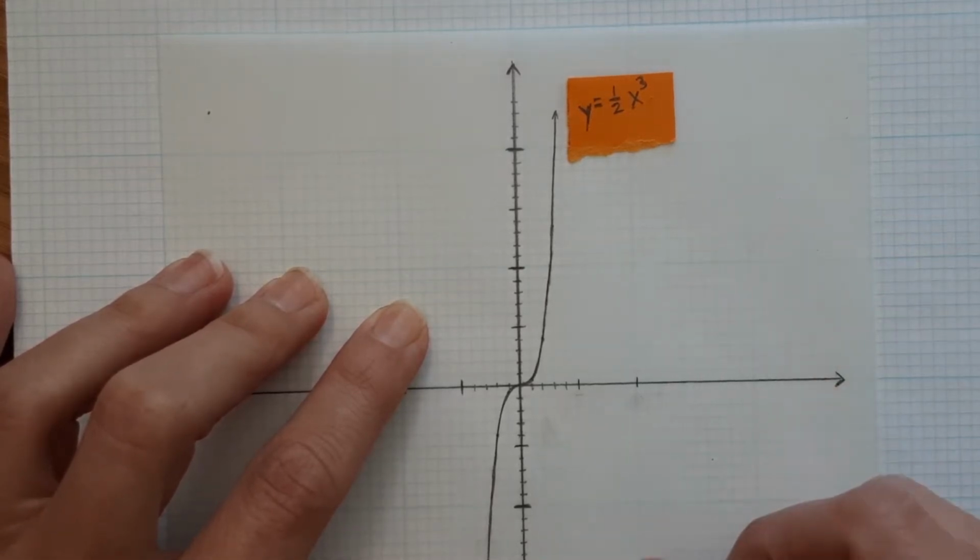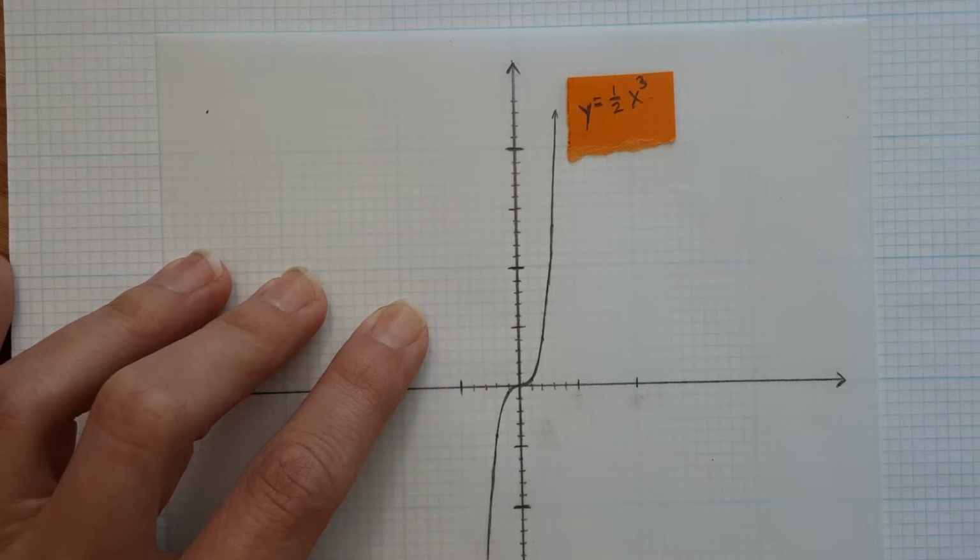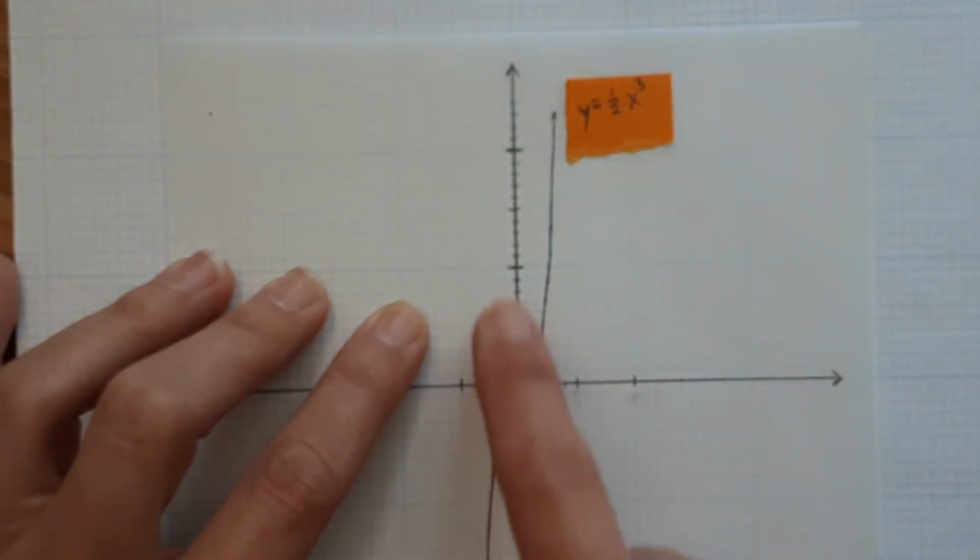You're standing on an output value. And so what happens is you swap your input and output variables. Traditionally, we use the x-axis as our input variable and the y-axis as our output variable.